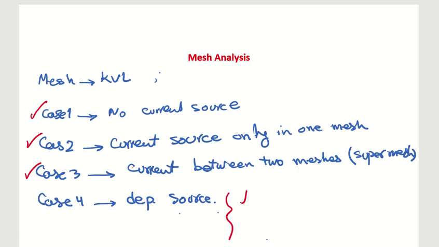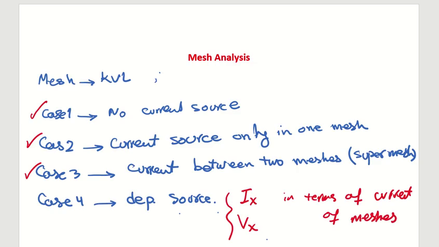So assuming that this dependent source depends on some current like Ix or voltage like Vx, look at the circuit and try to write Ix and Vx in terms of current of the meshes, which are our unknowns. So let me show you all of these 4 cases in an example.